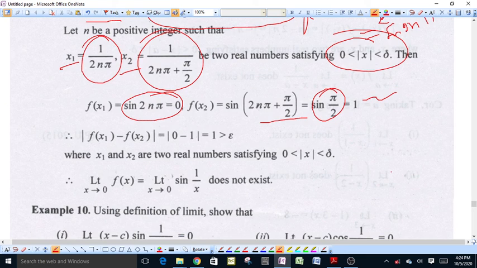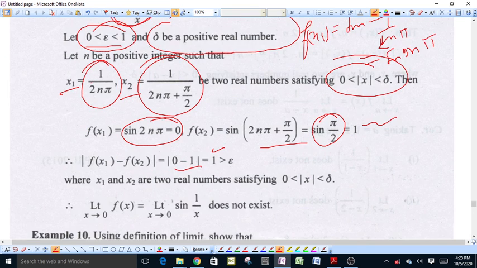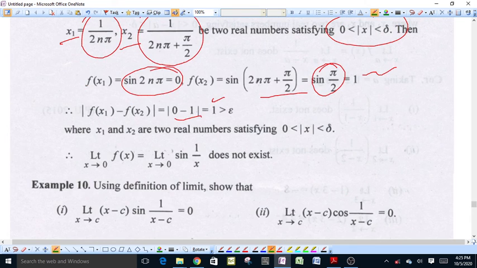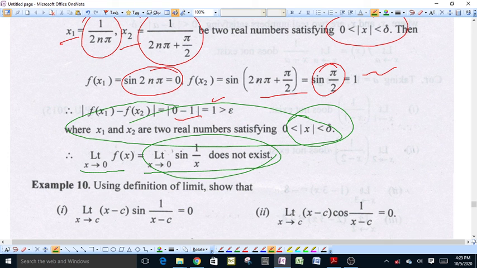This means |f(x1) minus f(x2)| is equal to |0 minus 1|, which comes out to be 1, which is again greater than epsilon, because we have taken epsilon less than 1. Therefore, the Cauchy criterion is not satisfied again. Therefore, for any two real numbers x1 and x2 which lie in the delta neighborhood of point 0, the limit of sine 1 by x as x approaches 0 does not exist.